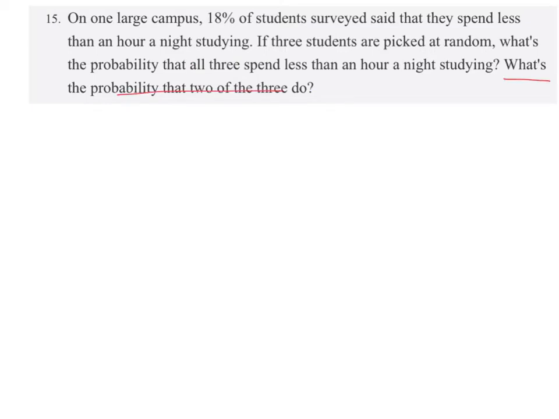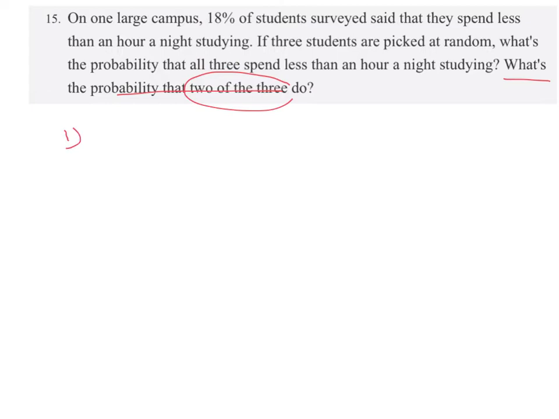Now the way this is worded really changes the concept of the overall probability here. So let's talk about the different outcomes that can occur if 2 of the 3 spend less than an hour studying.